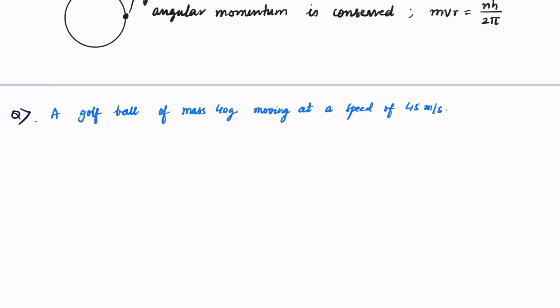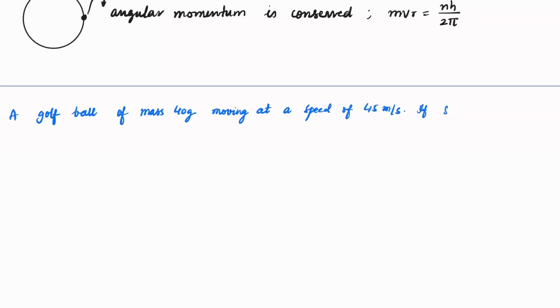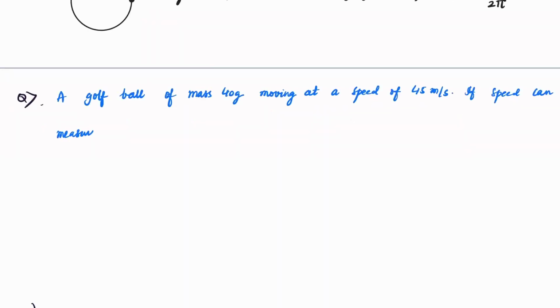If the speed can be measured within an accuracy of 2%, then calculate the uncertainty of its position.